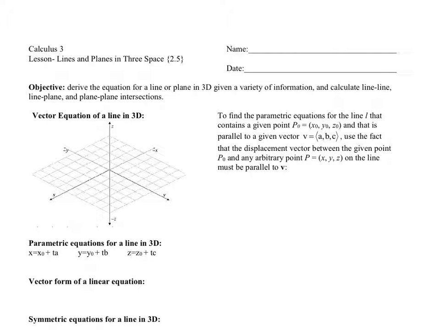You know, so what that's saying is that you have some line in space. And I'll put some arrows on it. That line, by definition, has to be parallel to some given vector.